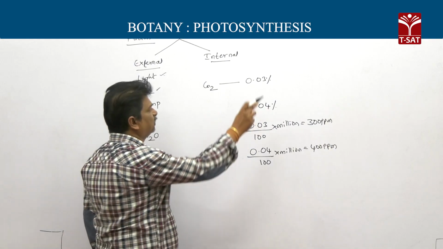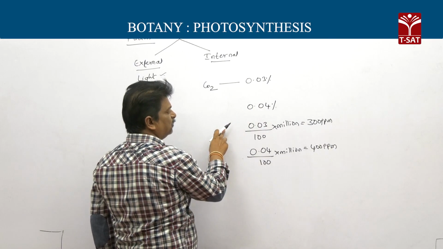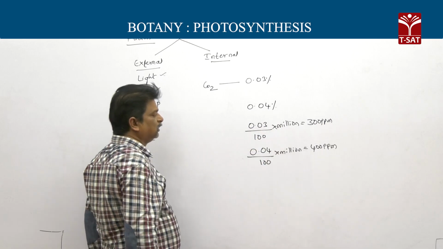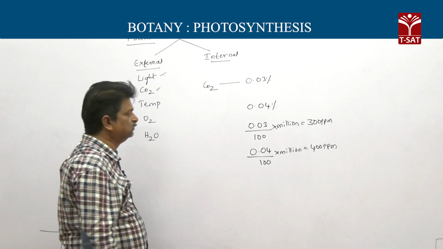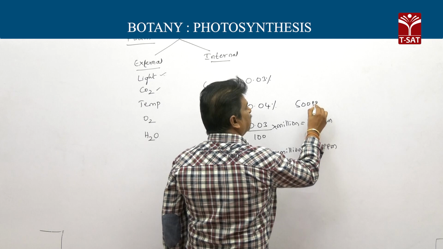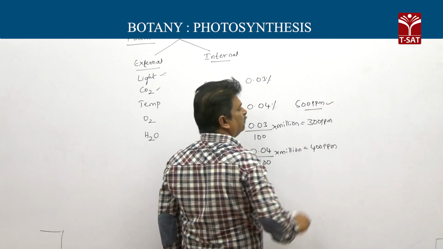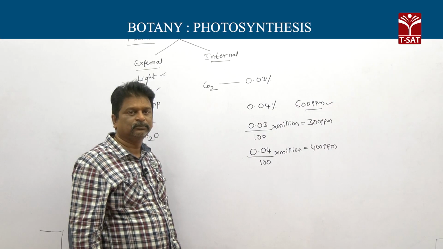So, the general atmosphere contains 0.03% to 0.04%. It means 300 to 400 ppm. With the increase of carbon dioxide up to 500 ppm, the photosynthetic rate is increased.